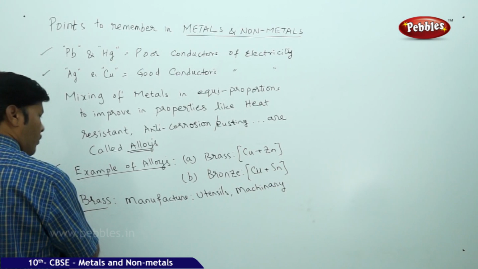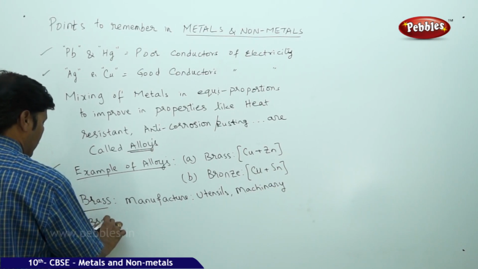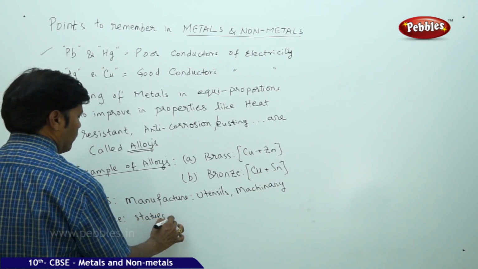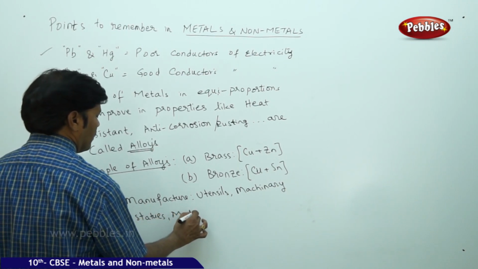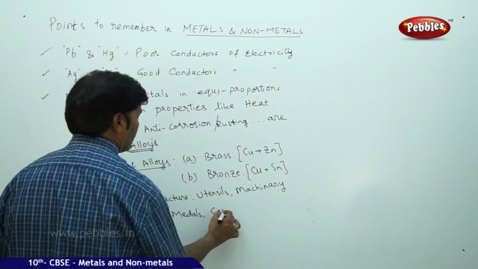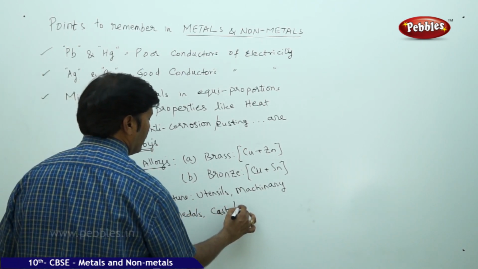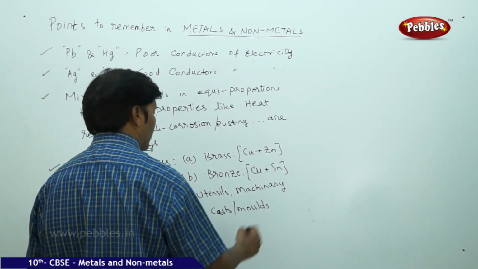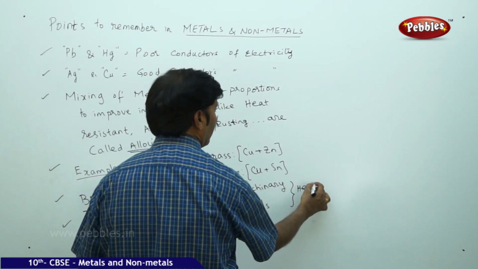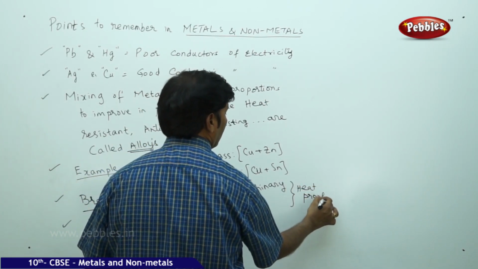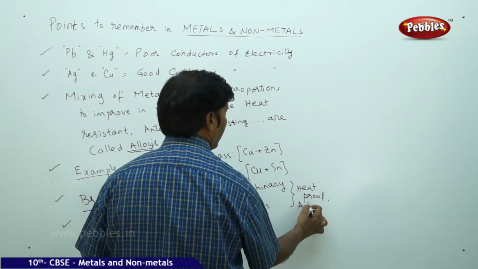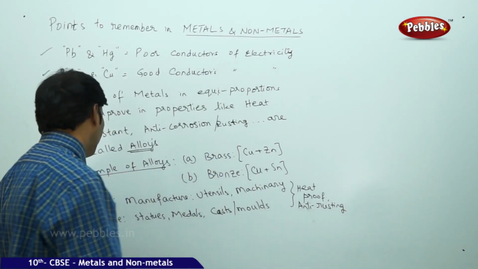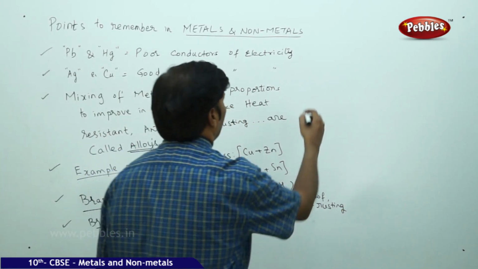Bronze is used for statues, medals, casts and molds. Both of these are heat proof and anti-rusting. They are long lasting.